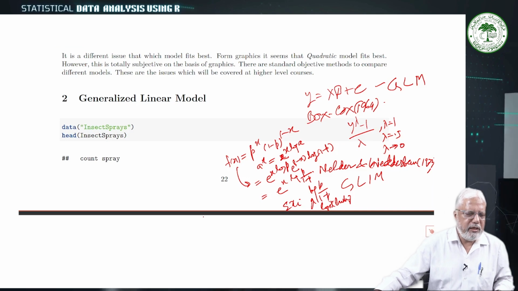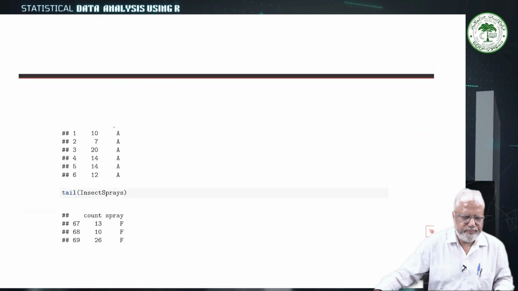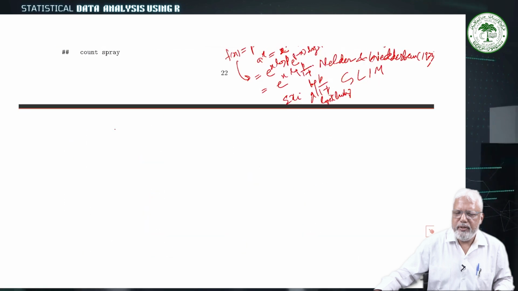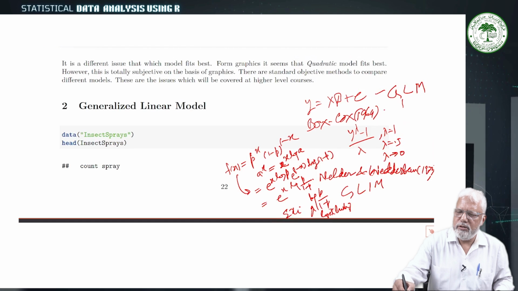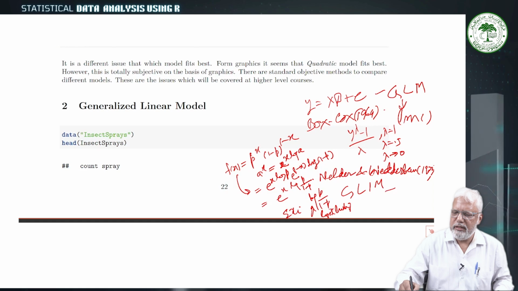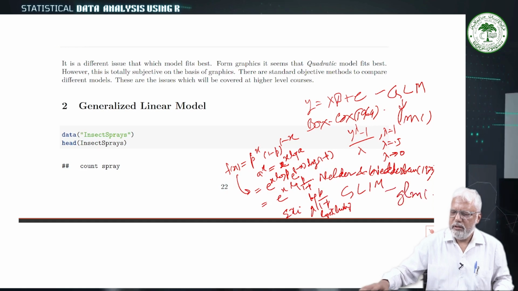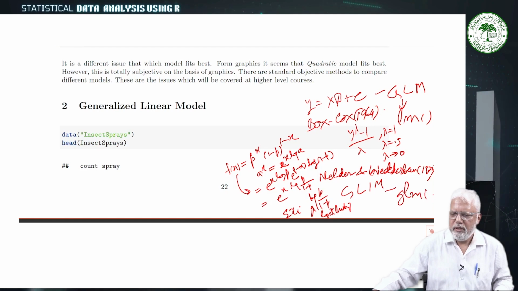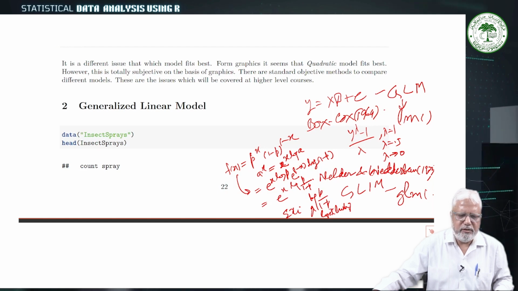So here data is equal to insect spray, and the function for fitting this GLM in R. Here lm is meant for fitting the linear model, but for the GLM the function is glm, and its arguments are formula, and additional arguments, the link function and family.